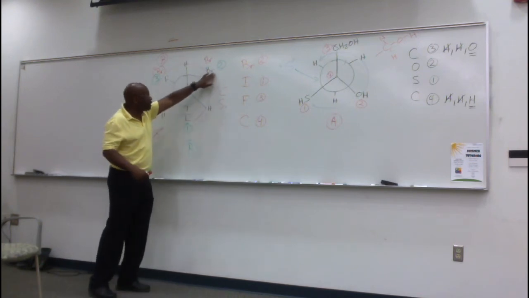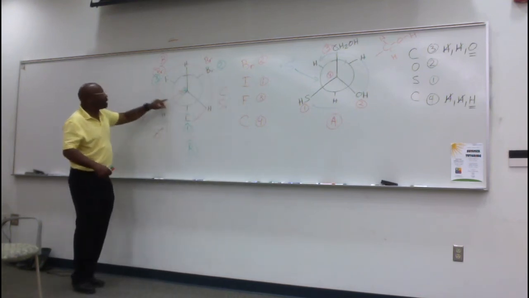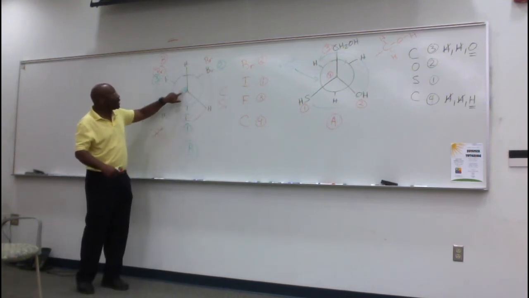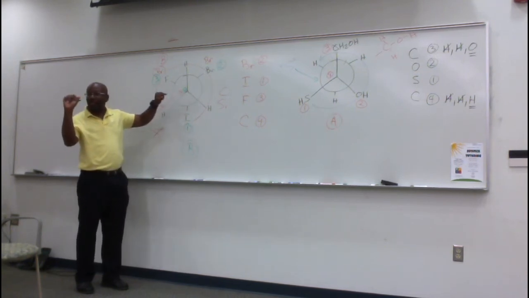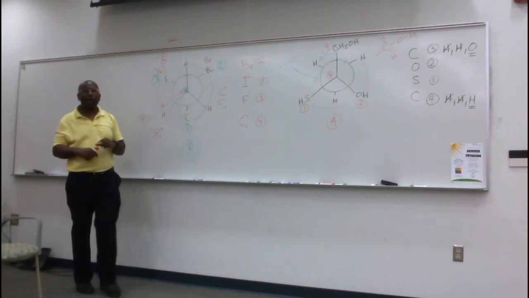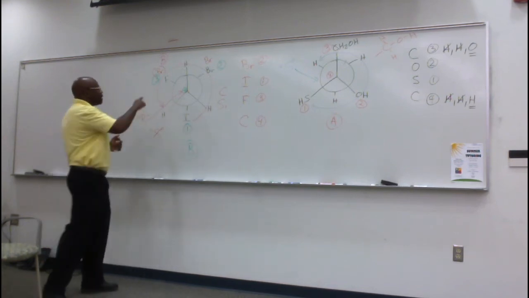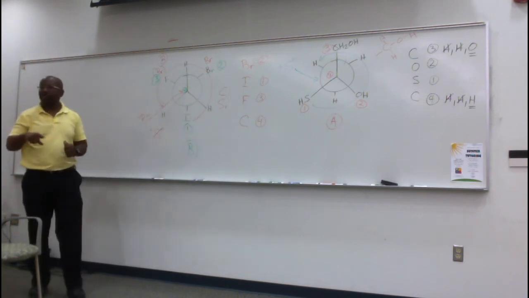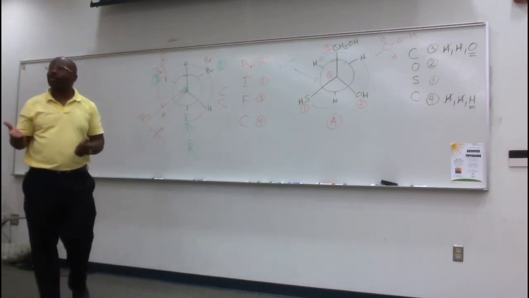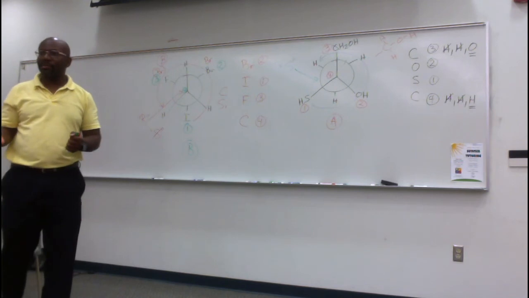So I put my numbers 2, 1, 3, and put a little 4 near the little dot, which is carbon number 1. I would then connect 1 to 2 to 3. We go in what direction? Counterclockwise, which would be S.